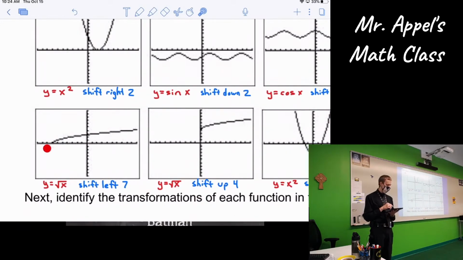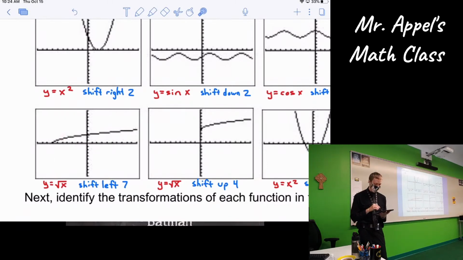Okay, these guys, it's kind of hard to tell the difference between part of a square root function and part of a logarithmic function. But I'm going to insist that these are square roots, not logs, because they don't have the tail. A log is an inverted exponential. It still has this gently sloping curve to it, but it has the tail on the back side where it drops straight down.